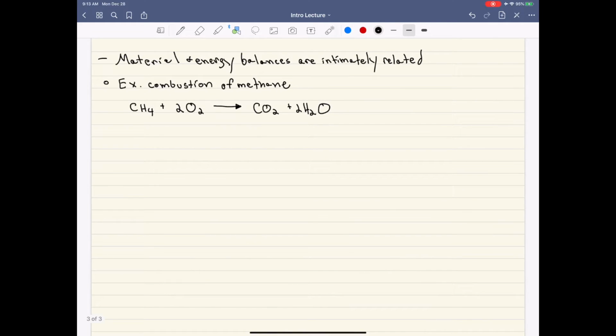But let's say we design a reactor in which we have this reaction occur. Okay?